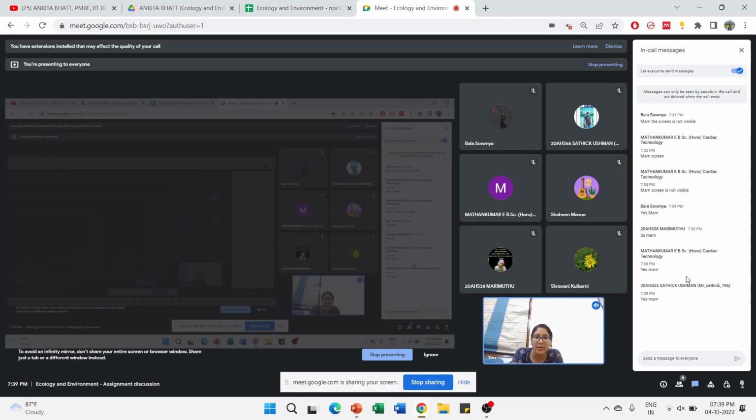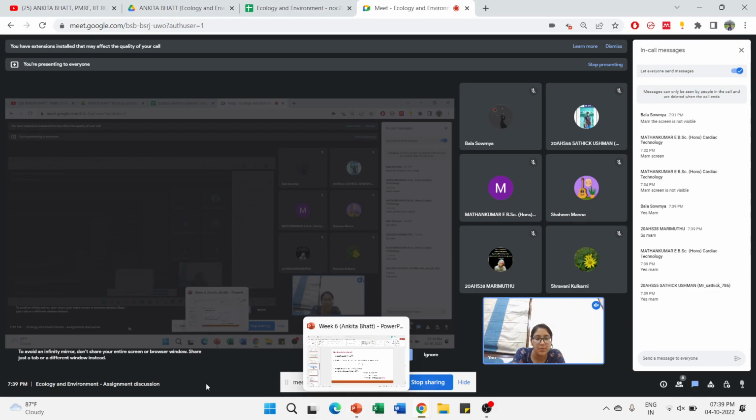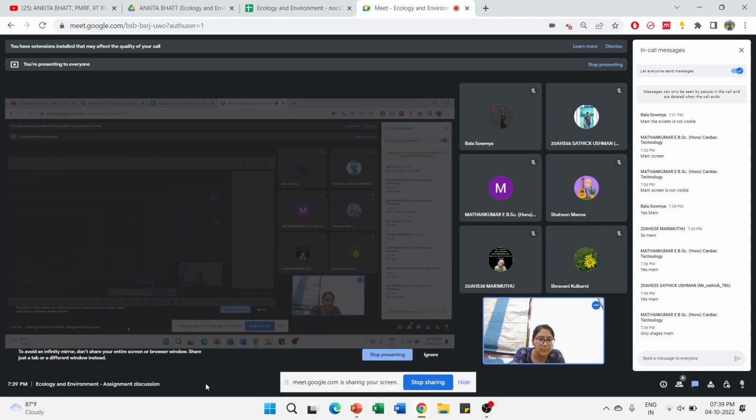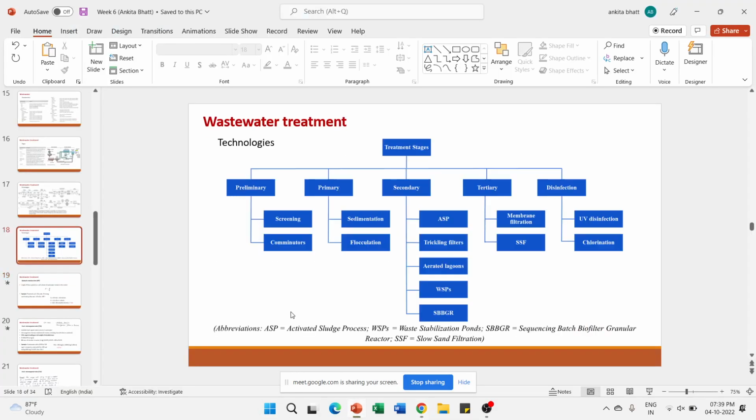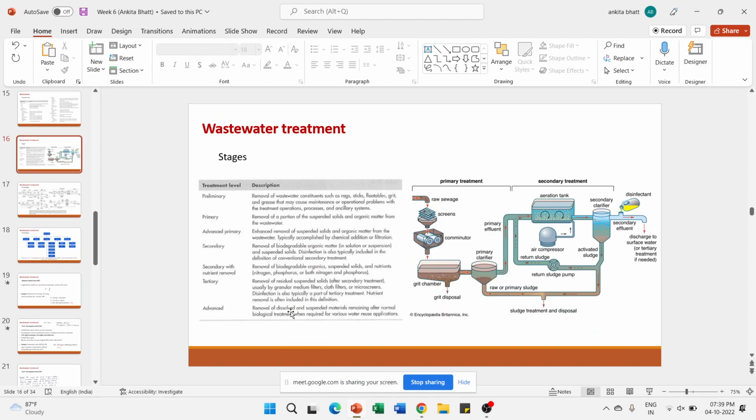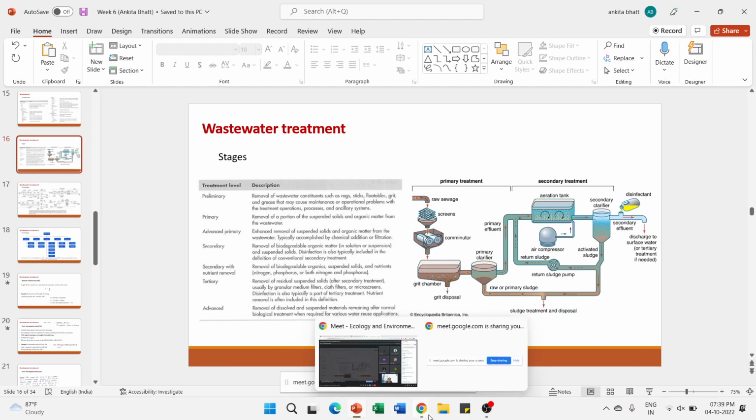I'll have to check the chat box time and again. Just mention in the chat box from which point the screen was not visible. What was the last thing that was visible to you? Only stages. Okay, just a second. So was it this slide?